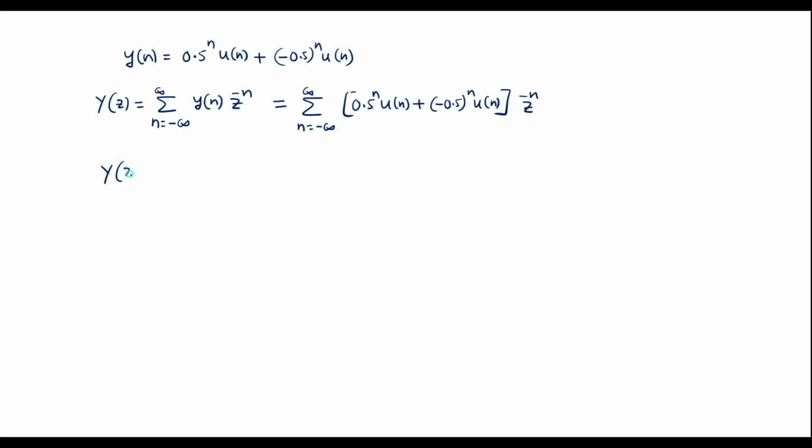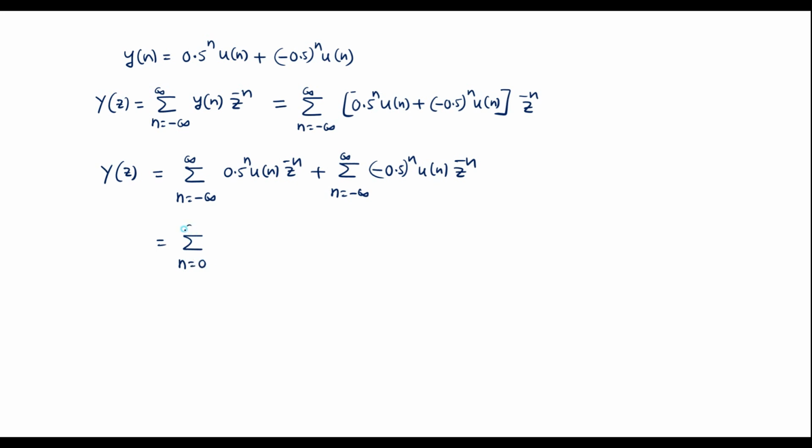So now by applying linearity property, I will try to apply this summation as different terms, that is summation n is equal to minus infinity to infinity 0.5 power n u of n z power minus n plus summation n is equal to minus infinity to infinity, here we have minus 0.5 power n u of n z power minus n. Here u of n means the signal varies from n equal to 0 to infinity, that is right sided sequence.